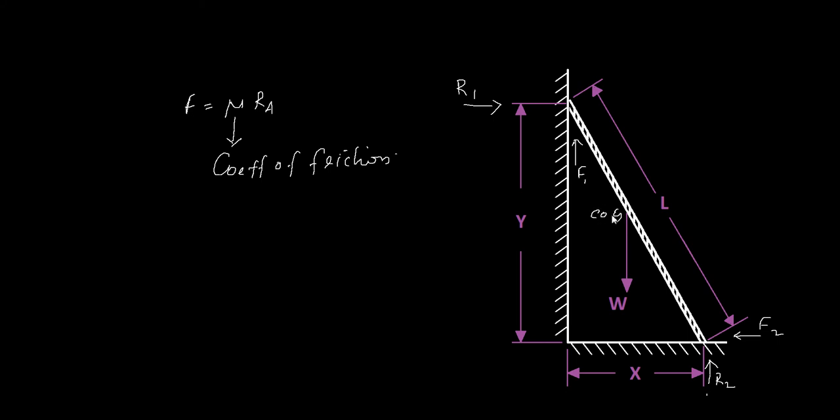So usually if it's a ladder, the half length of the ladder will be the point where the weight of the ladder will be acting. So this is the only force unless there is a man or an object on the ladder. If there is no object, then this will be the only force acting on the ladder.